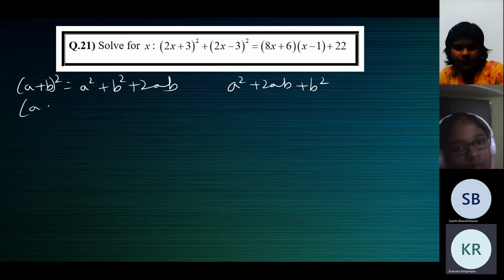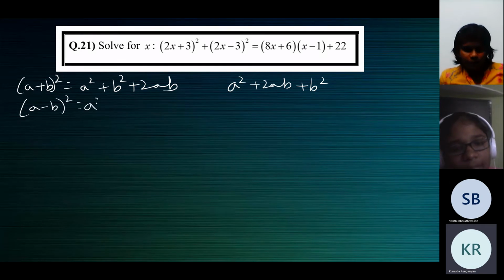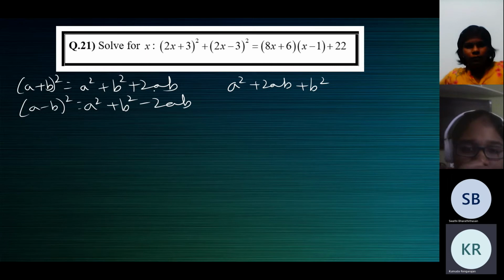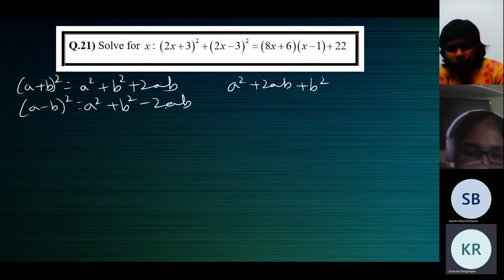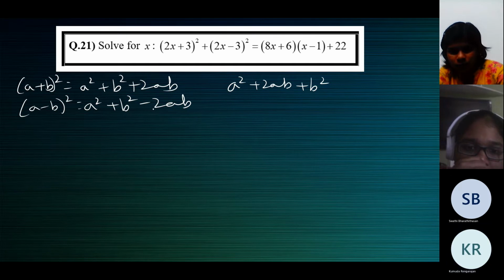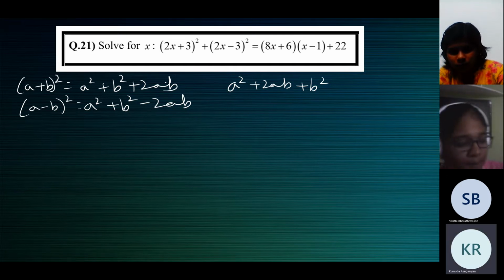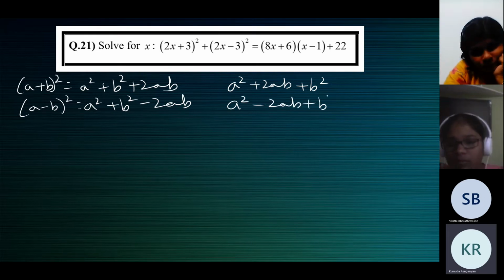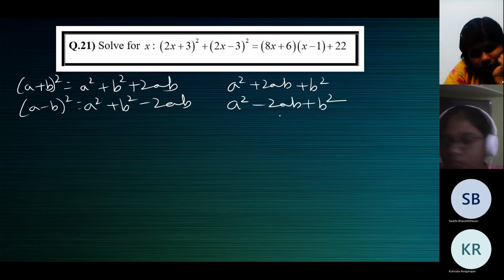And (a minus b) the whole square is a square plus b square minus 2ab. The difference is plus 2ab and minus 2ab. It's a square plus b square in both cases. In one it is plus 2ab, in the other it is minus 2ab. You can also write it as a square minus 2ab plus b square. Is it understood, children?